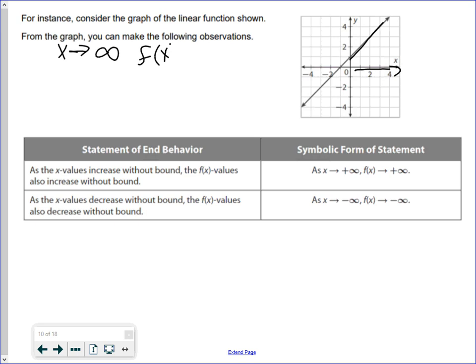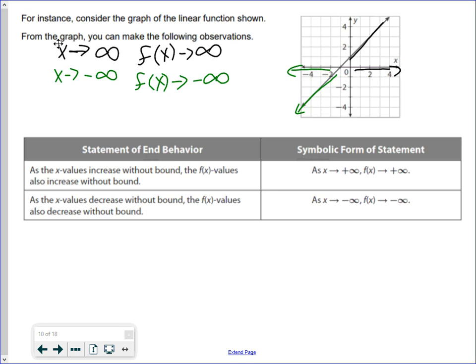So as x increases to infinity, f of x is also going to infinity as well. And then when we look at x goes to negative infinity, as x is going to the left, we see that the graph is following it going down. So x is going to negative infinity, the f of x or the y values are going to negative infinity as well.